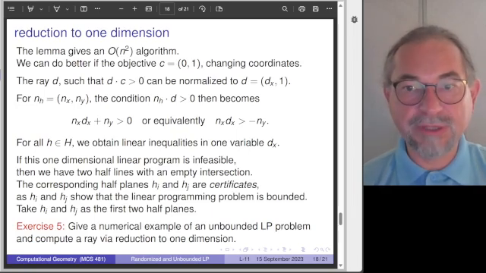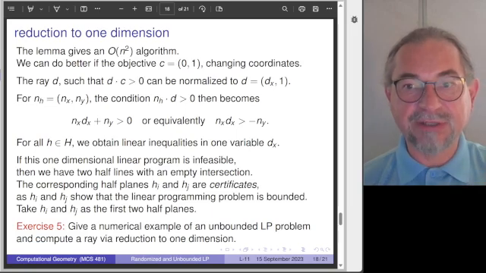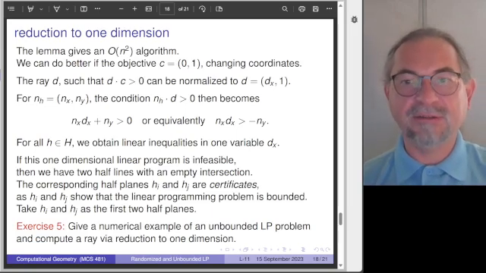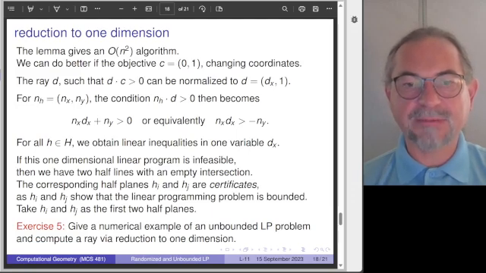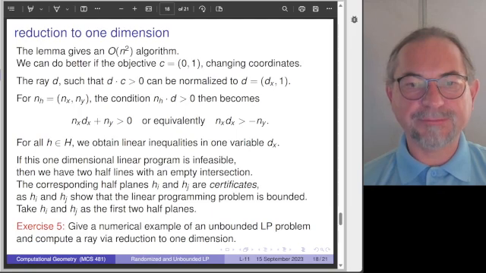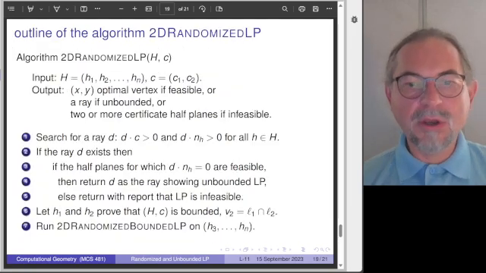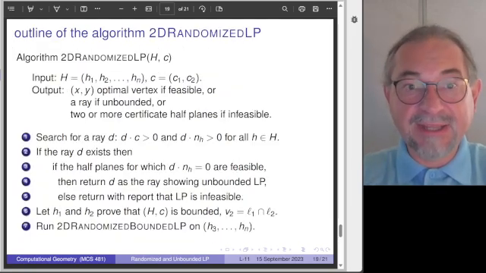You may assume here for this exercise that the objective is already the (0, 1) vector. So we have already done our coordinate change. Okay, so now we have the general algorithm.